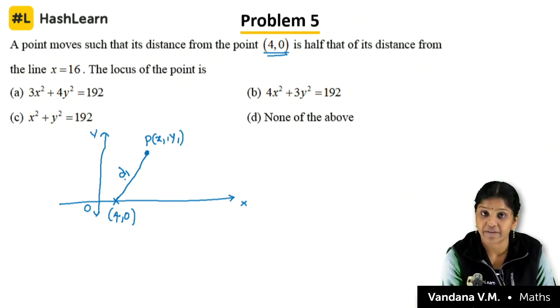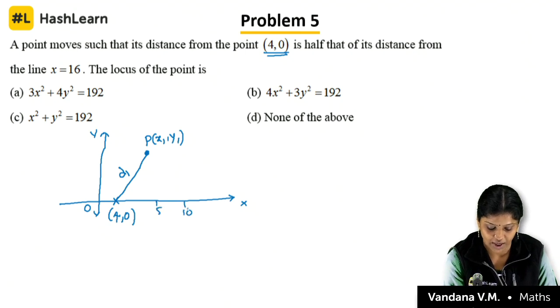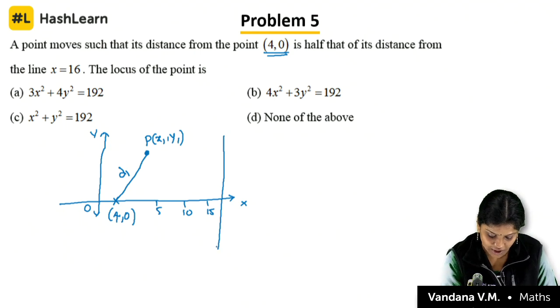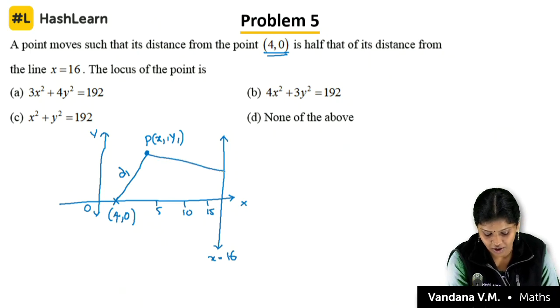d1 is half its distance from the line x is equal to 16. This is the line. X is equal to 16. Here to here, how much distance you are having?